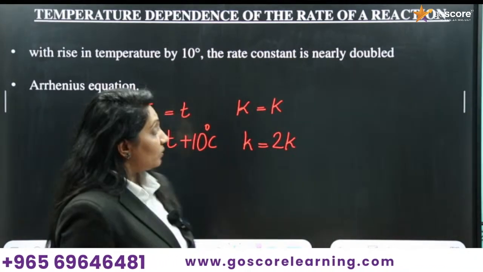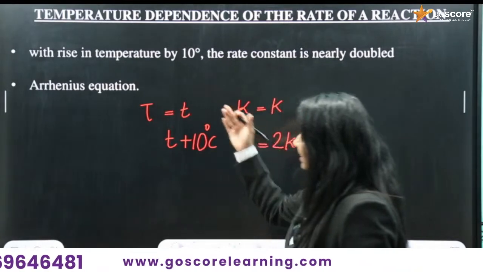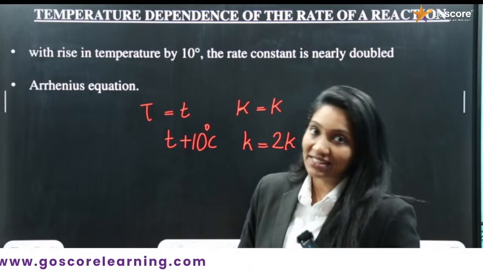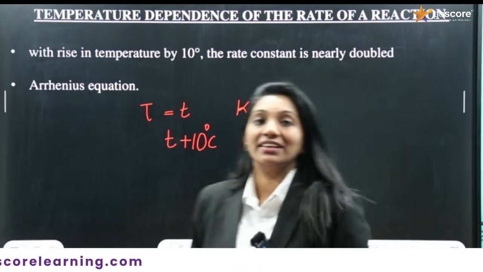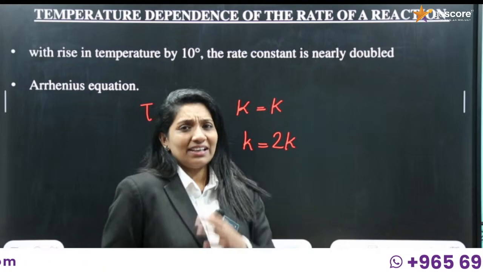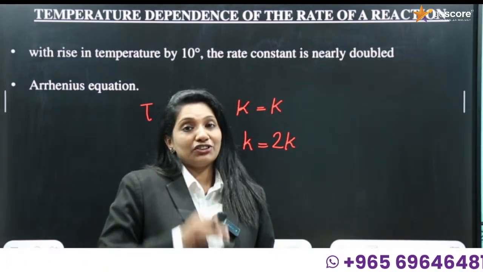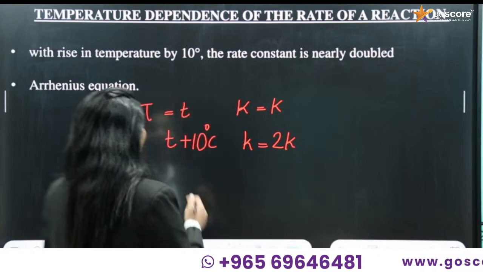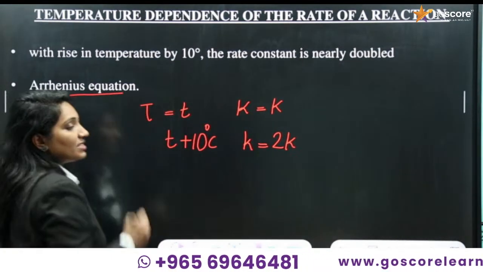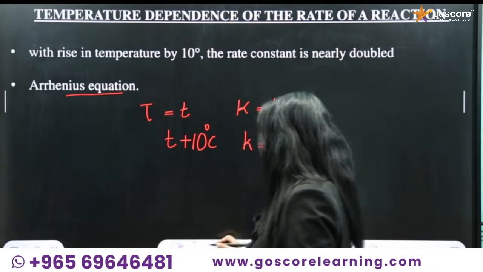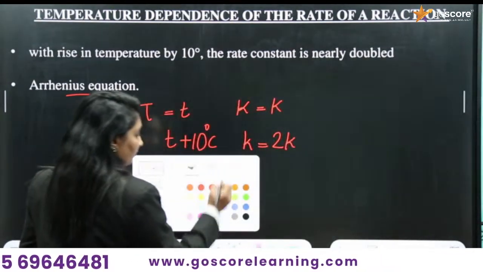The relationship between the effect of temperature and the rate constant is given by the Arrhenius equation, which is a very important equation in this chapter. Now, let's see what the Arrhenius equation is.